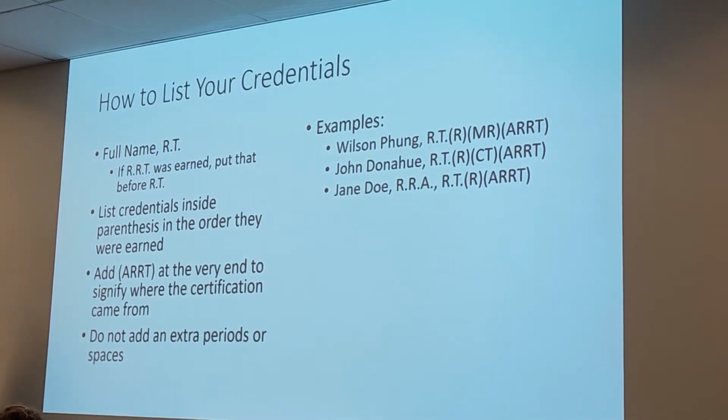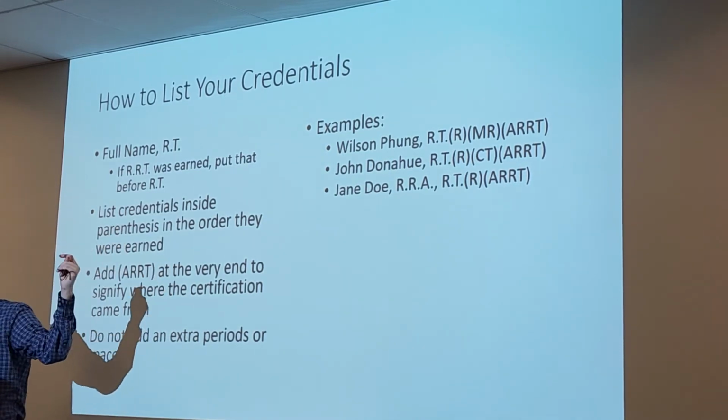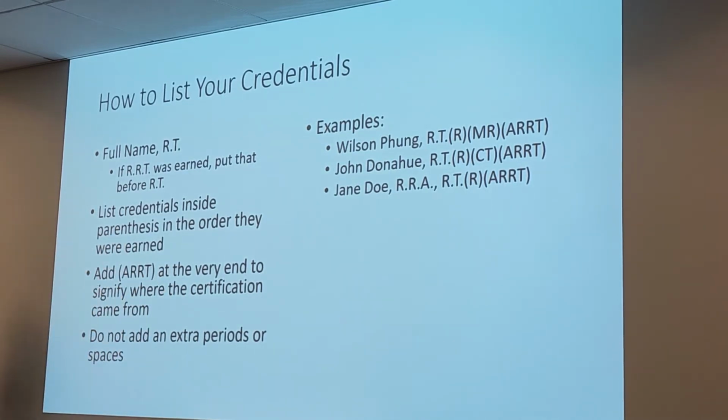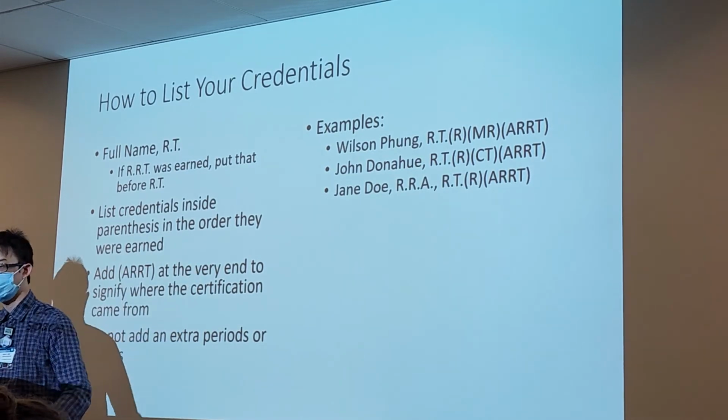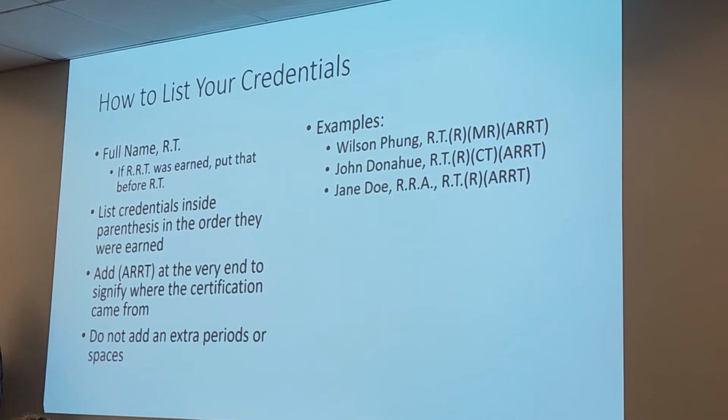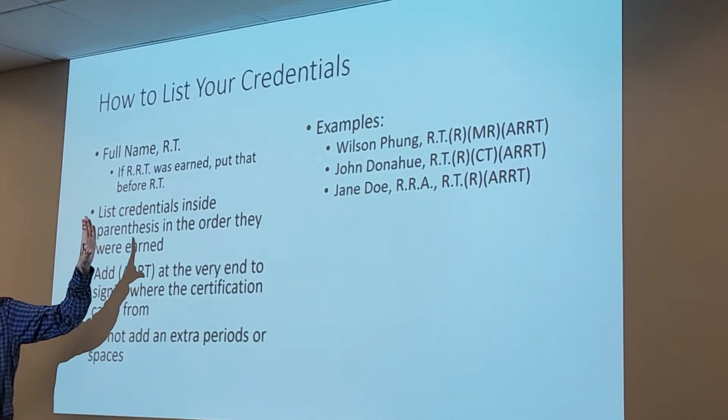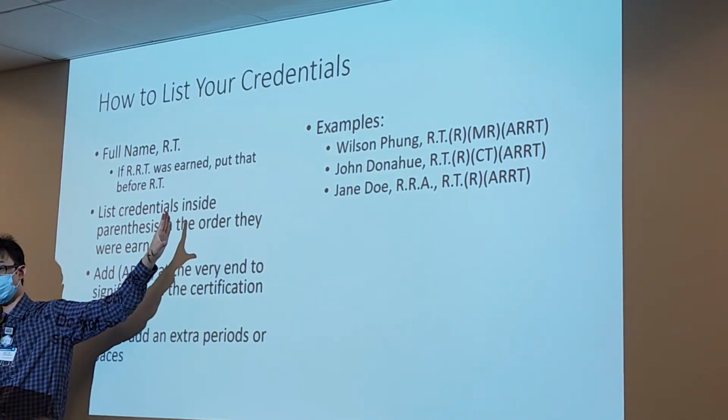Right, so if I went and got my CT license, I would now be R.T.(R)(MR)(CT). Someone that did it the opposite way would be R.T.(R)(CT)(MR). It's in the order in which you gained your licenses. And then add ARRT at the end to show where the certification came from. Don't add extra periods, don't add any spaces. So this is how your professional name should appear.